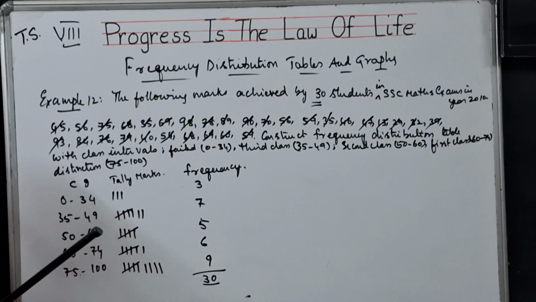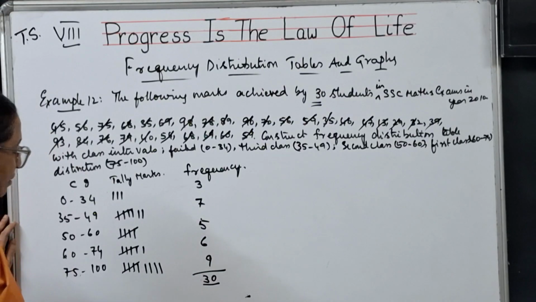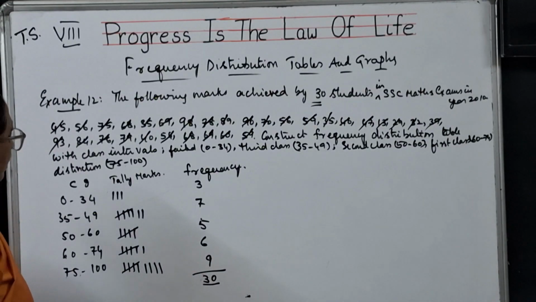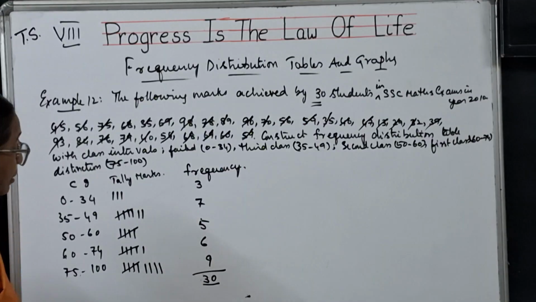34 should be kept here only. 49 should be kept here only. Whereas here, if you see 60 and 60, same are there. So 60, you should not keep it here, you should keep it here. If you develop this kind of knowledge, then writing the tally marks is very easy. You just cut it and put the line in the appropriate column.